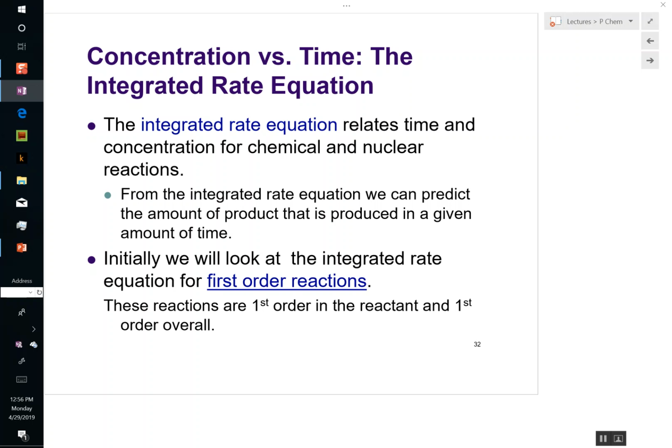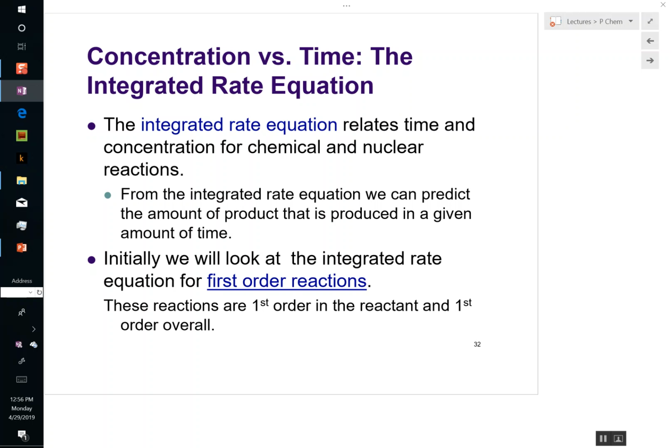I don't know how far we'll go with that analogy, but think of it in those terms. We want to walk down through getting to this integrated rate equation and looking at it in different forms, etc.